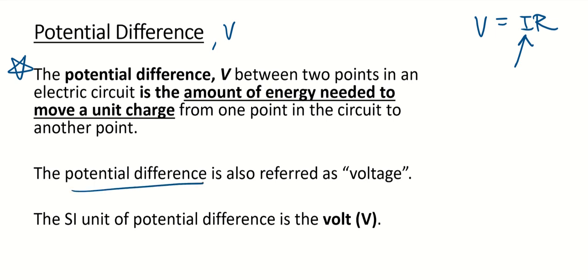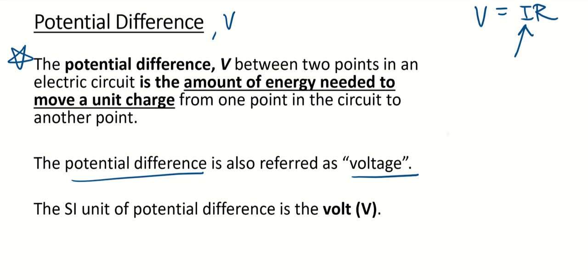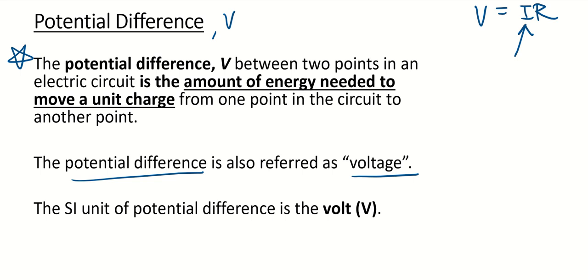Sometimes we refer to potential difference as voltage. So there's a lot of V. The SI unit of potential difference or voltage is the volt. We use capital letter V to represent volt.